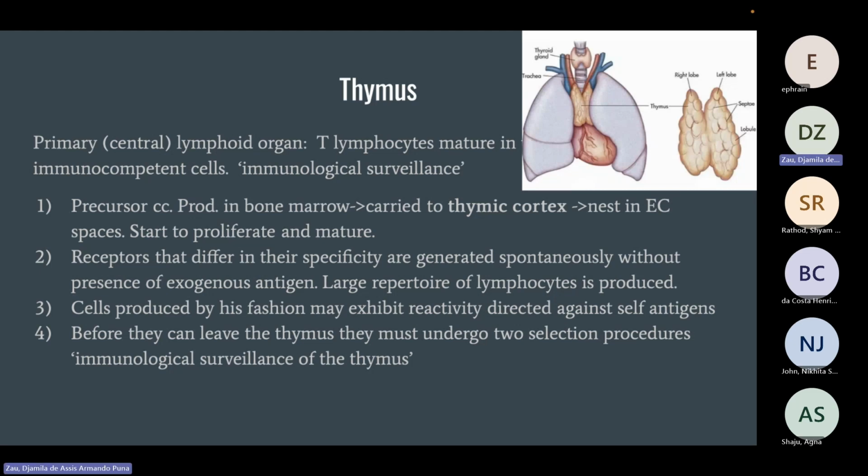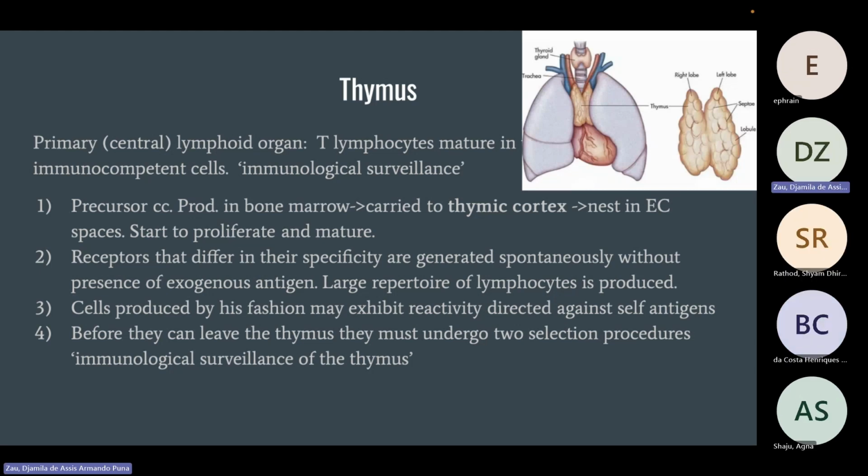And through that, you have this large repertoire of lymphocytes that's produced. Thirdly, the cells that are produced like this can exhibit reactivity directed against the self-antigens, meaning that if they're not created properly, they can actually start attacking our own cells. Now, there's a whole other process that I will explain in a second that's going to prevent that from happening.